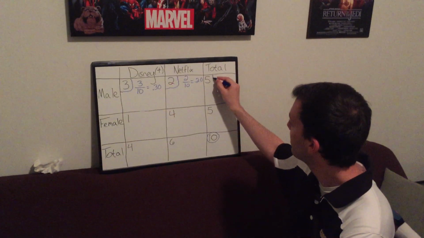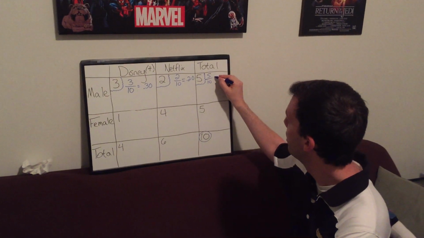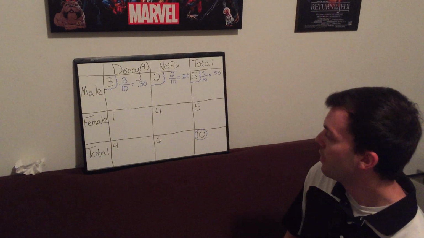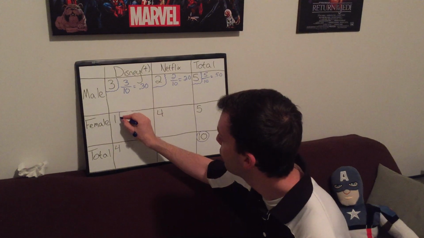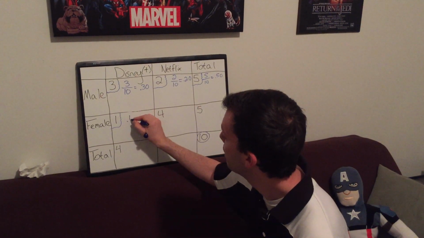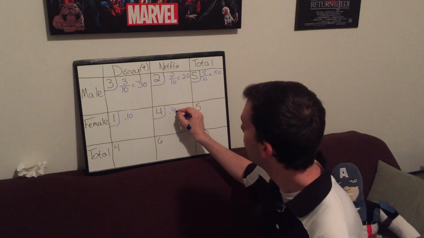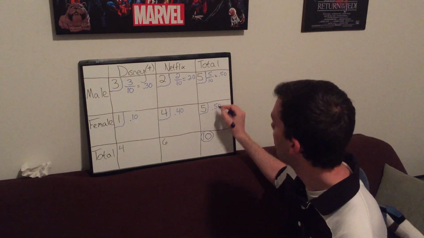Same thing with my 5 right here: 5 divided by my grand total will give me 0.50. And then if I keep going like this, for 1 it would give me 0.10. For 4, it would give me 0.40. For 5, another 0.50.